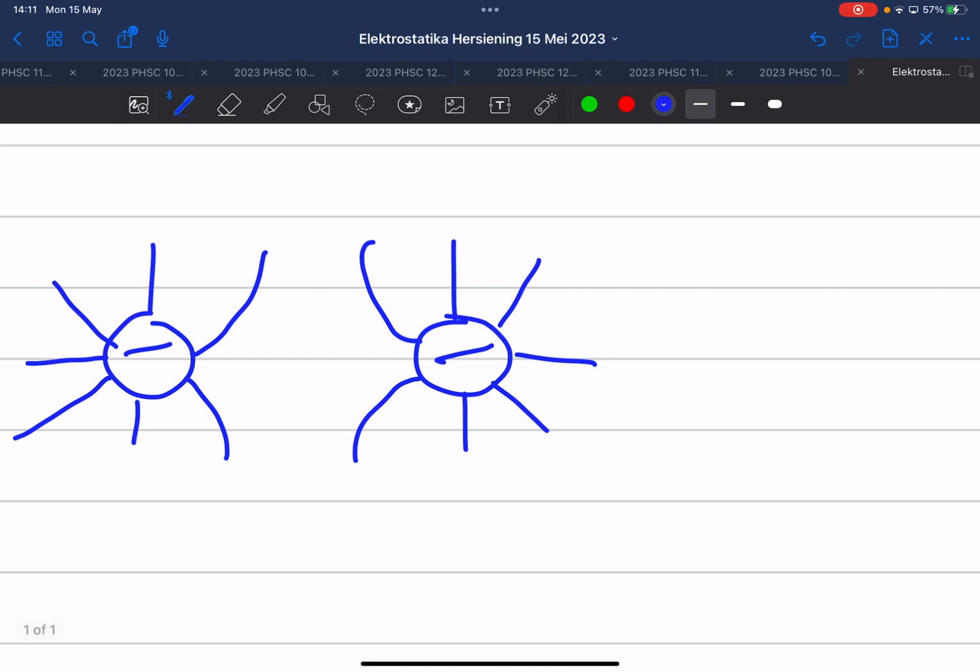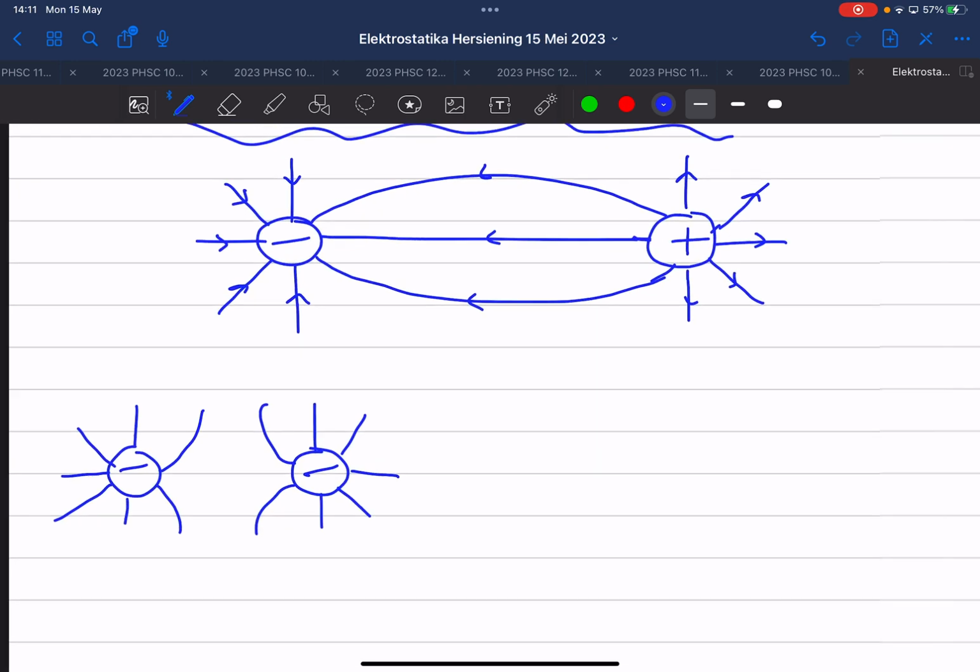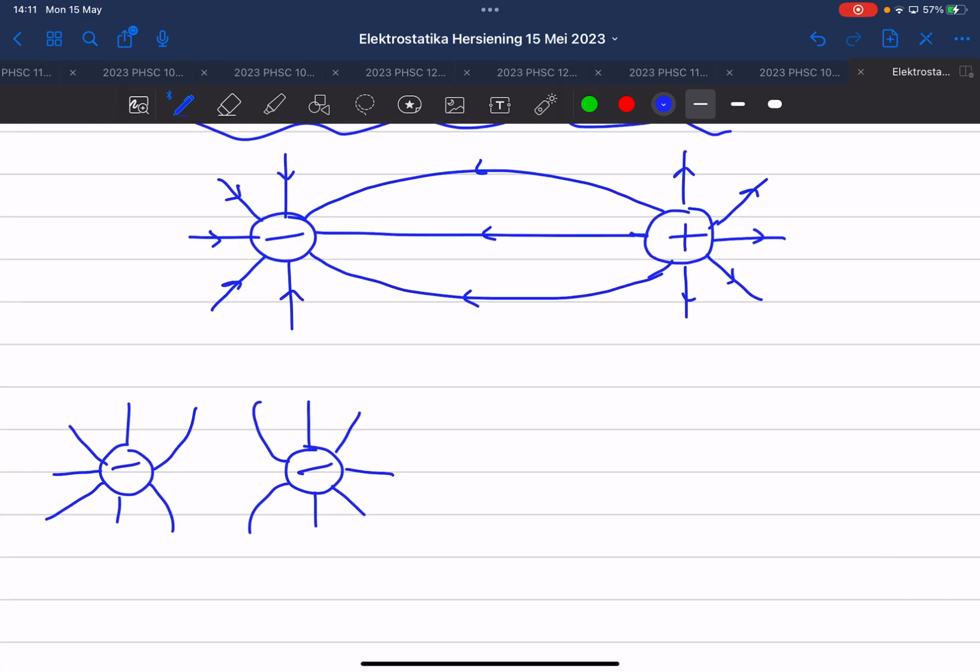Wat is die shape? Negatief en negatief stoot mekaar af, and then you need to know the direction. Weer eens, is from positive to negative. Okay, so van positief na negatief toe, so hulle almal gaan na die negatief, towards the negative. All of them.